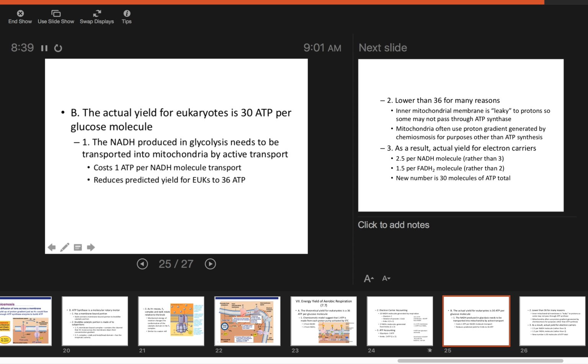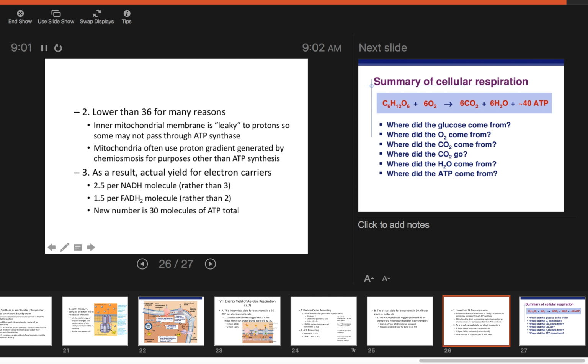Okay, so the actual yield for eukaryotes is 30, and the reason for that is, in glycolysis, the NADH needs to be transported to the mitochondria by active transport. So you have to burn a little bit of energy, so you reduce the theoretical yield in eukaryotes. It's lower than 36 for other reasons, too.